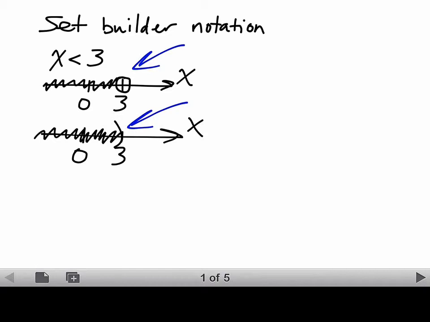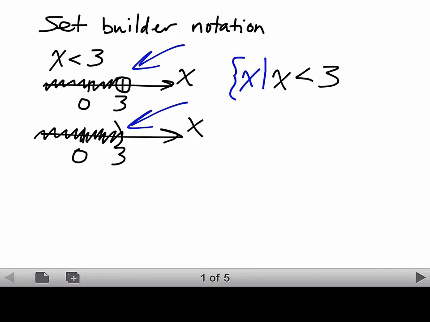Well, to represent this x is less than 3 in set builder notation, the first thing we're going to do is write down x is less than 3. And then we're going to wrap set builder notation around it. So we're going to use a curly brace because that's how math people denote a set. And then the first part of set notation tells you what it is you're talking about. I'm talking about numbers, which are represented by the variable x.